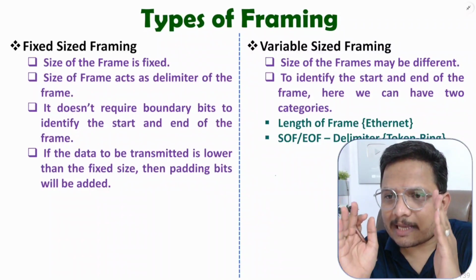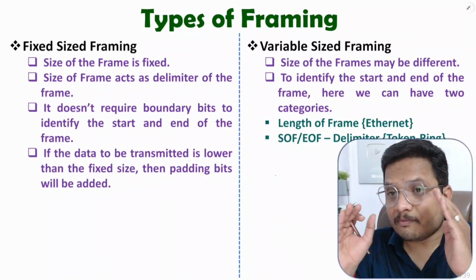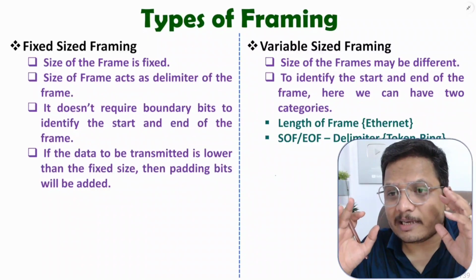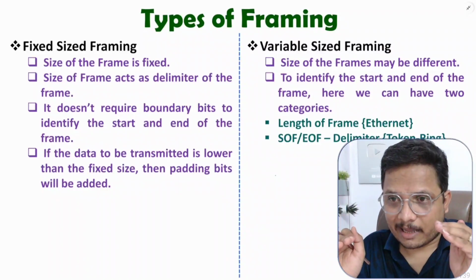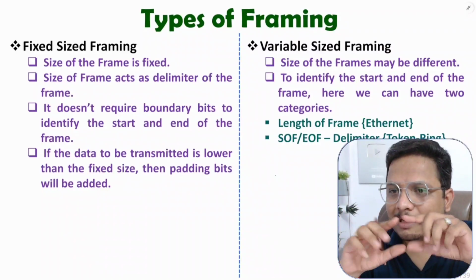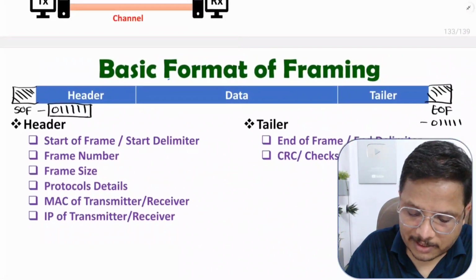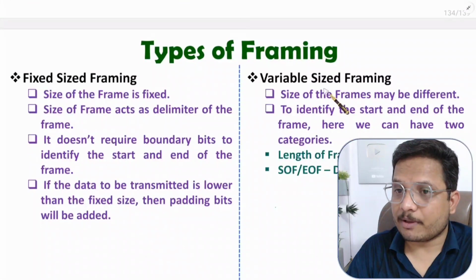So a fixed size of data will be there with the frame. While in the case of a variable size frame, you will have variable size, right? The transmitter and receiver have not agreed upon a finite data length, meaning the data length may be different. Like if you observe here, this data length will change with a variable size frame, right?